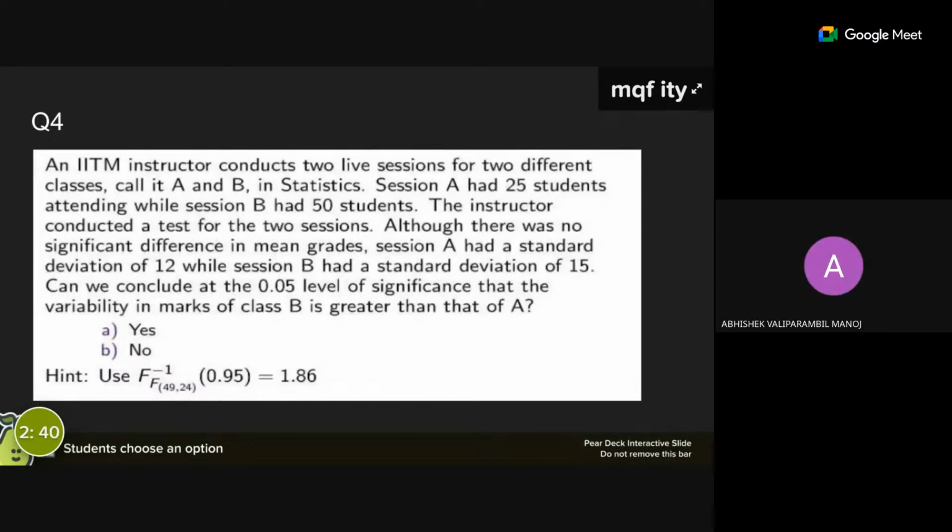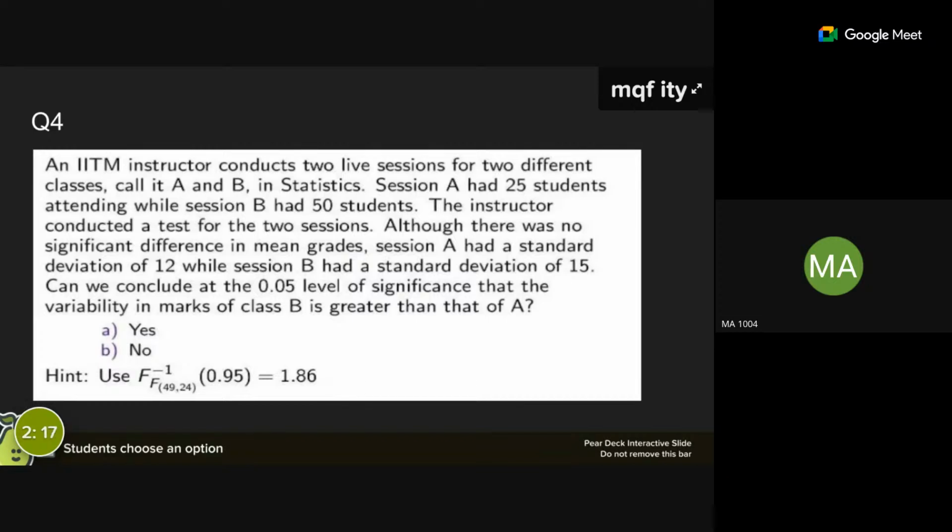S square x divided by s square y, the F test. And the ratio of the variances is going to be tested. Okay, fine.